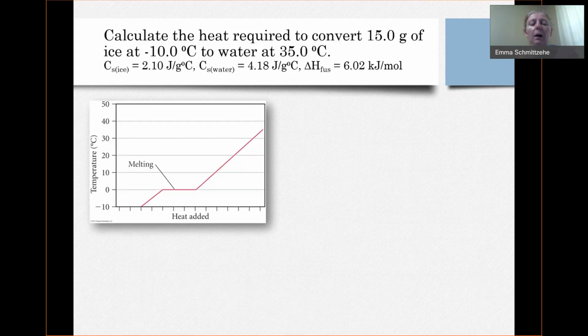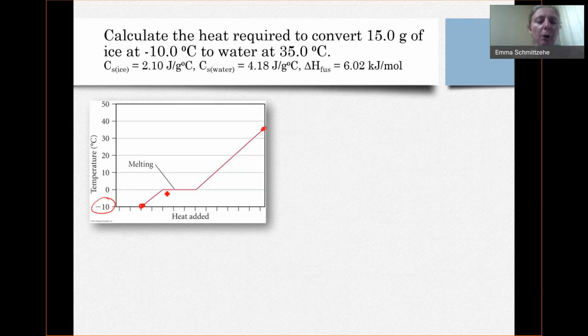And that's what's shown on this heating curve. We're starting at negative 10, so this is our starting point, and then we want to heat it up to 35 degrees C, at which point it's going to be water, so this is our ending point. Based on that heating curve, the different segments, you can quantify those heats by themselves and then sum them together.